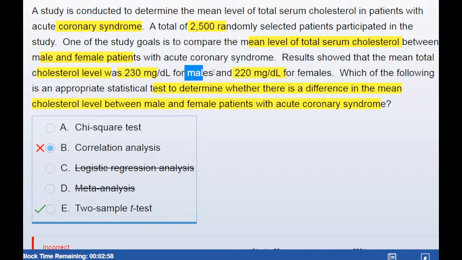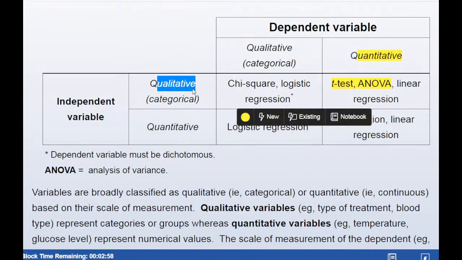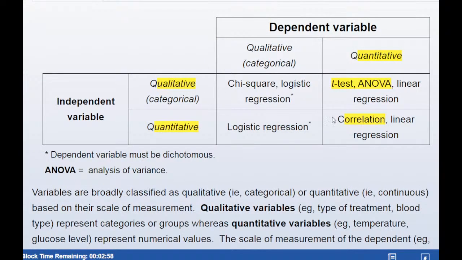Male and female are qualitative. So they combine names and numbers. That's what I'm trying to explain.